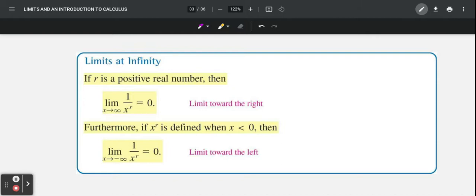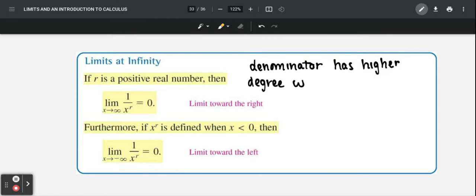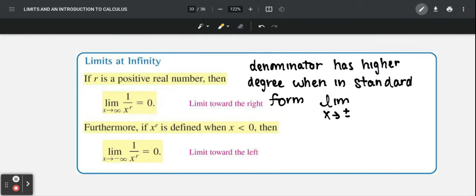So if you end up with a higher degree in the denominator, when you're in standard form, the limit as x approaches positive or negative infinity will equal 0.